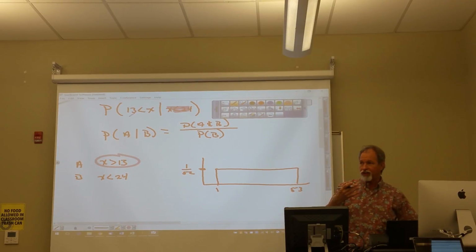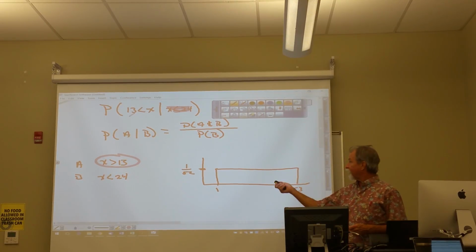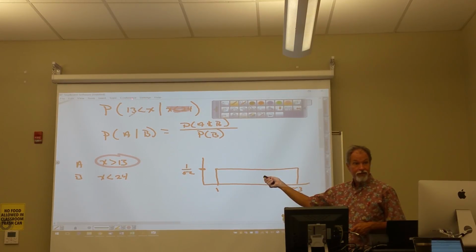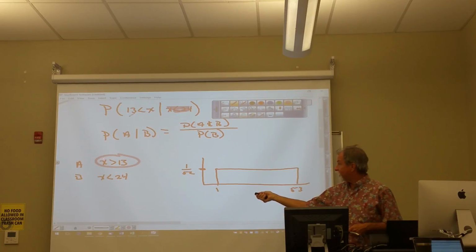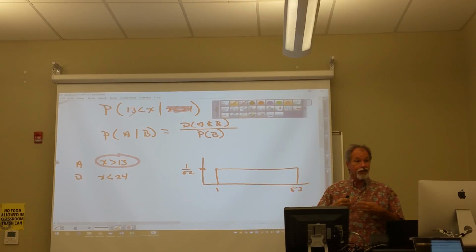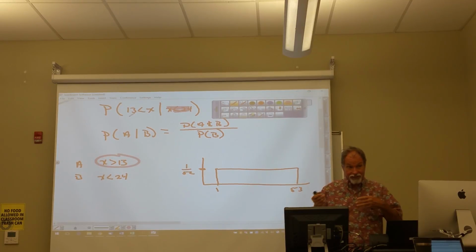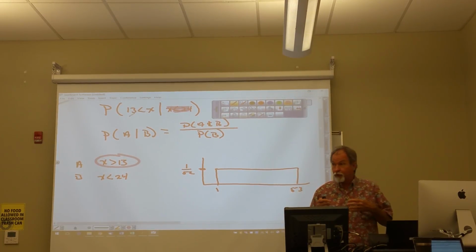If I was up here reading it out of a book, you wouldn't know whether I was actually looking at this or this. If I said X is greater than 13, I could very well be looking at this and reading this. And if I'm reading the book, you don't know which way I actually see it, because I have a problem with directionality.